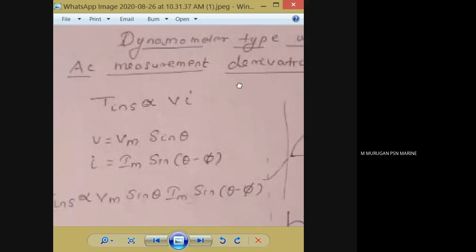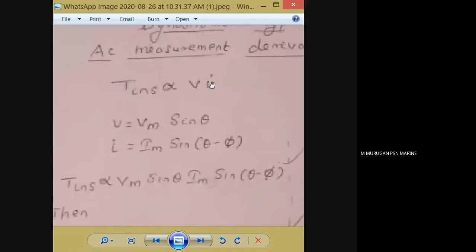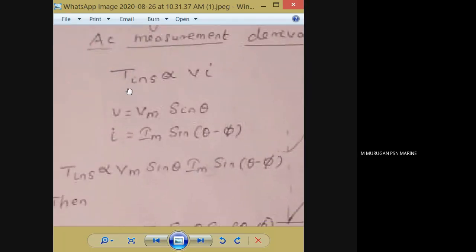So this is the dynamometer type wattmeter. For the AC measurement derivation part, the instantaneous torque is directly proportional to V into I. Generally I can write V equals Vm sin theta, I equals Im sin theta minus phi. I can draw this waveform like this. This is the Vm sin theta waveform, and this is the Im sin theta minus phi waveform.